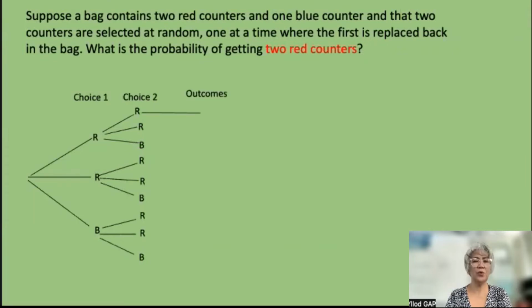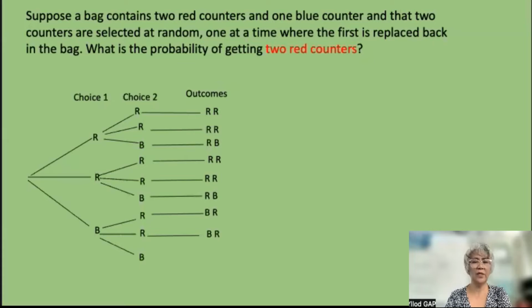So the outcomes would be red and red, red and red, red and blue, red and red, red and red, red and blue, blue and red, blue and red, and blue and blue. Okay, so these are the outcomes. They, of course, comprise the sample space.